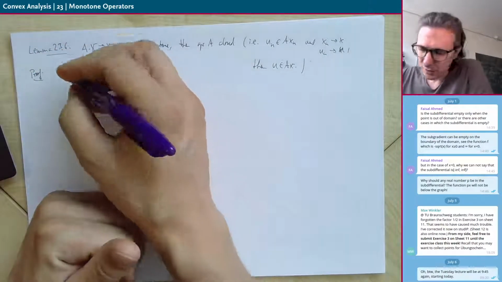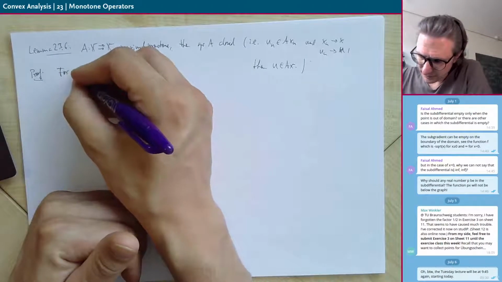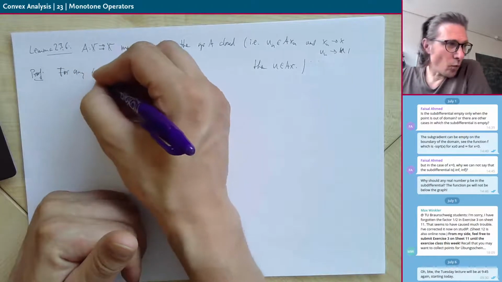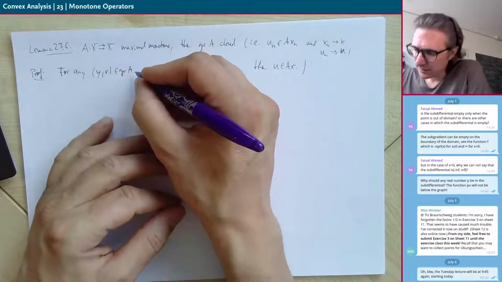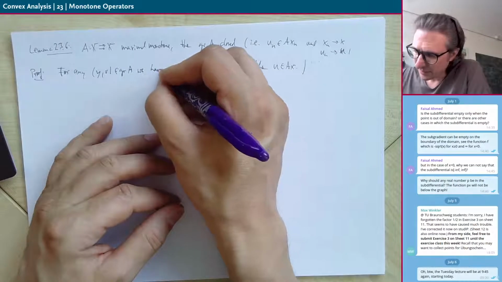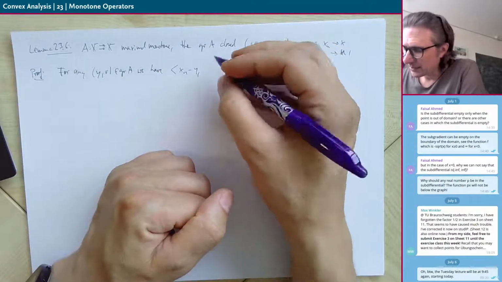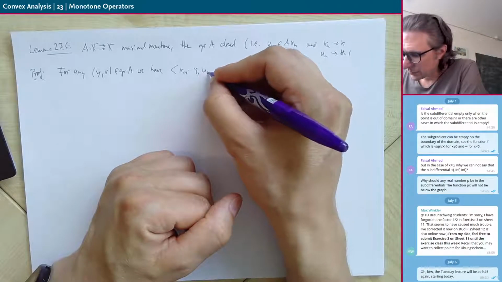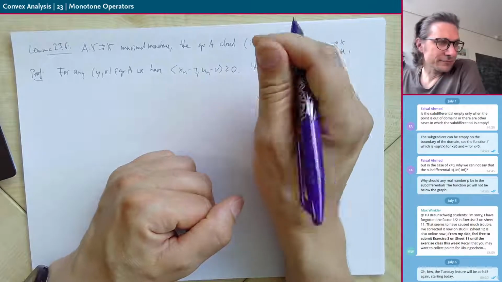Okay, how does that go? You take, let's say, any y and v in the graph of A, we have that xn minus y times un minus v is non-negative.